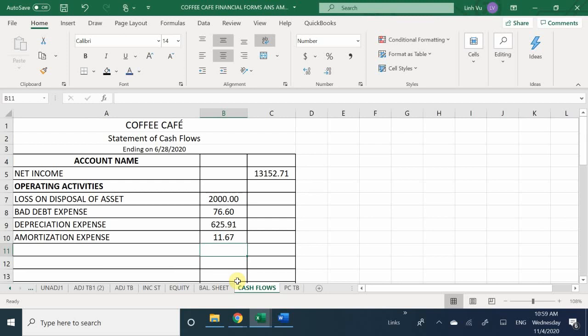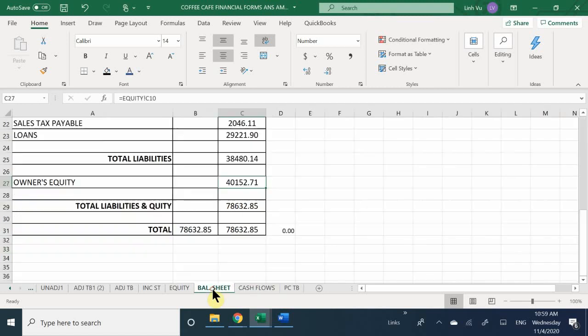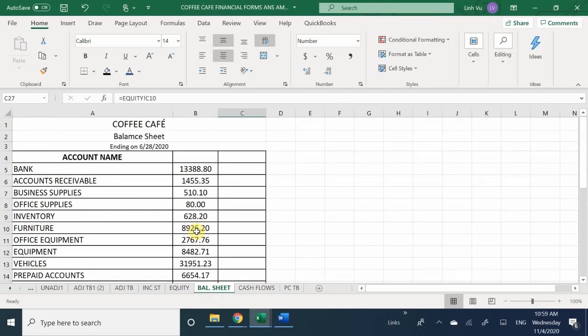Okay, so the next thing we're going to do is look at our current assets. You can go to the balance sheet to get your current assets. For example, here I have accounts receivable.